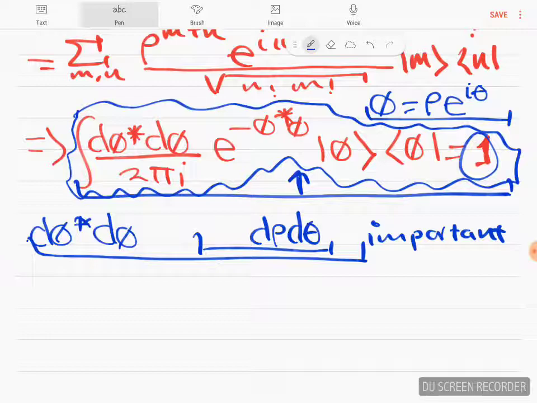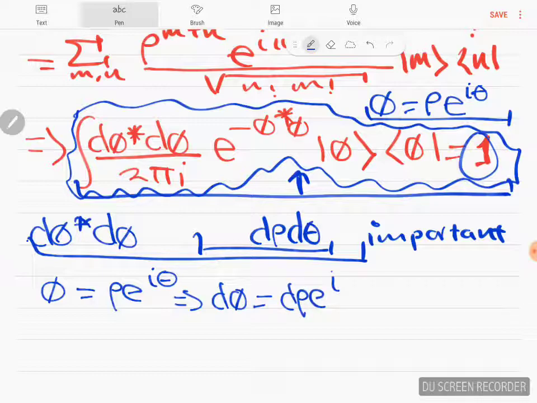And so I think it's good if we go through the Jacobian of this transformation from phi star, phi to rho and theta. So let's write this. Phi is equal to rho times e to the i theta. That means that d phi is equal to d rho e to the i theta plus i rho e to the i theta d theta.